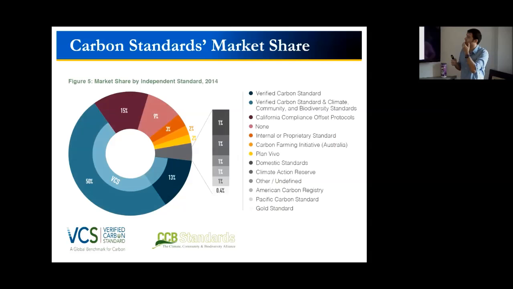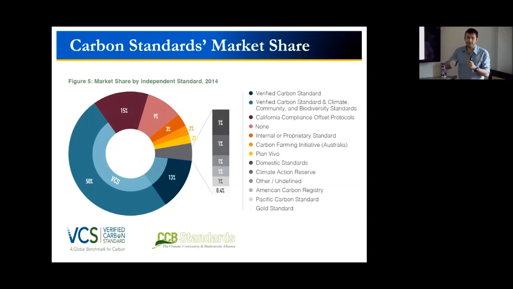And in terms of market share, like I told you, the VCS and the CCB were the most important standards in the carbon market. And here you can see that they have more than 50% of the market. And probably the other standards will eventually disappear because everybody's using VCS, and VCS is ahead of the game.